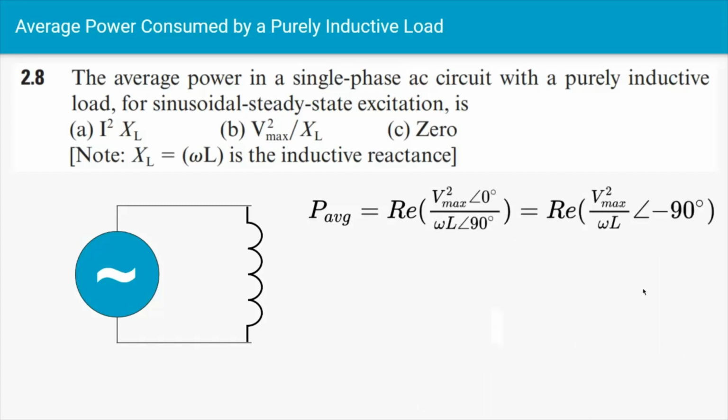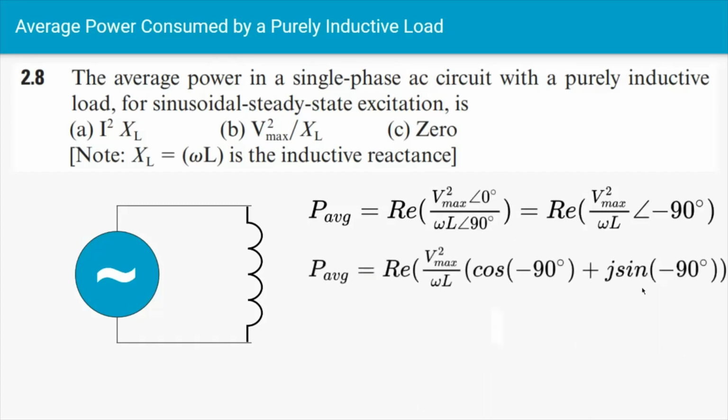To work this one a little bit further, we will expand the phasor form of this to the Euler expansion of it. And so now we have the real P average equals the real part of the magnitude times cosine of minus 90 plus j sine of minus 90.